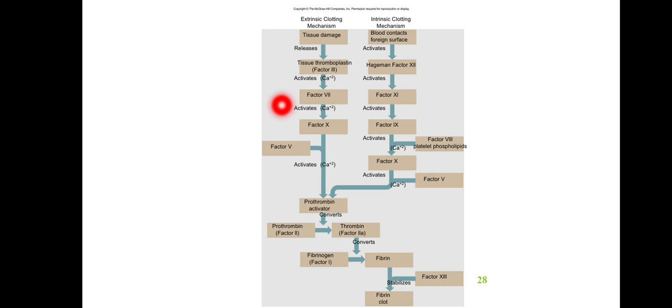It is going to activate factor 7. Then factor 7, in the presence of calcium ions, is going to activate factor 10. Then factor 10 is going to combine with factor 5. The same thing is going to happen in the intrinsic clotting mechanism. Blood contacts foreign surfaces, then Hageman factor is going to be released, then it's going to activate factor 11.